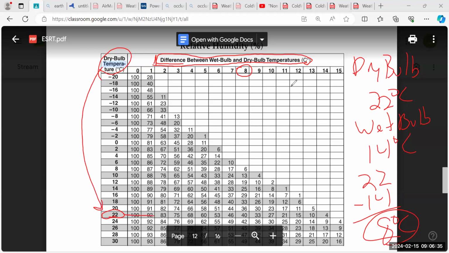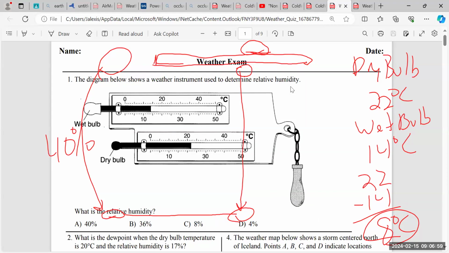When I match them up, I get 40%, because the relative humidity is measured in percent. So my correct answer is choice A, 40%.